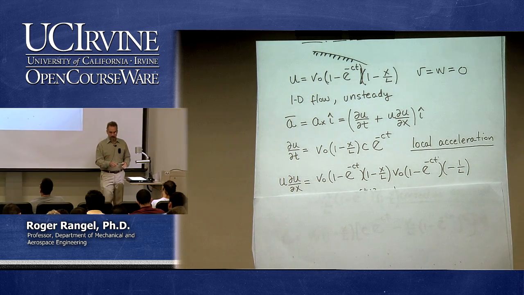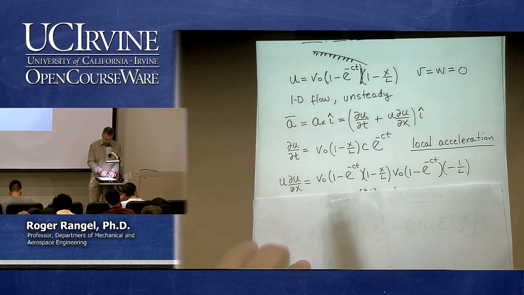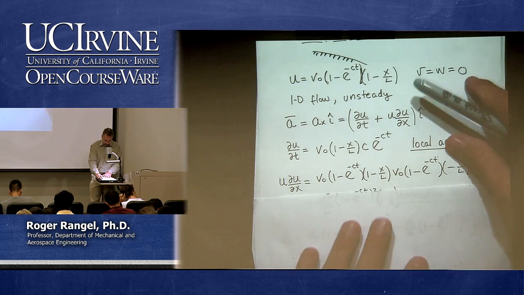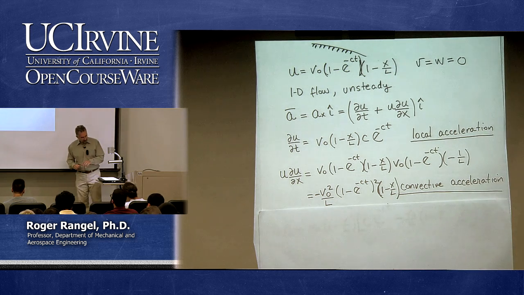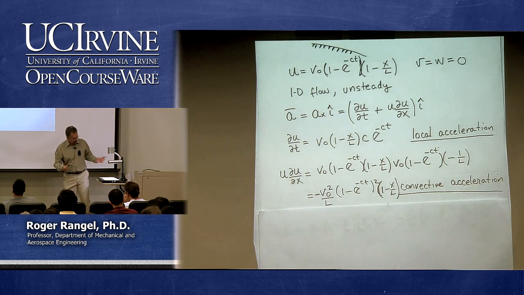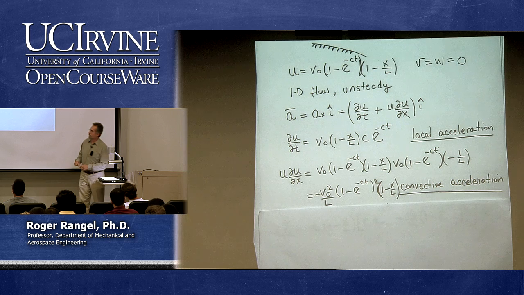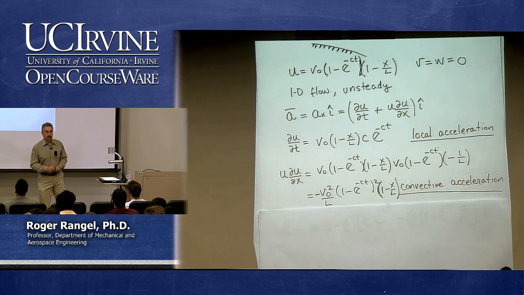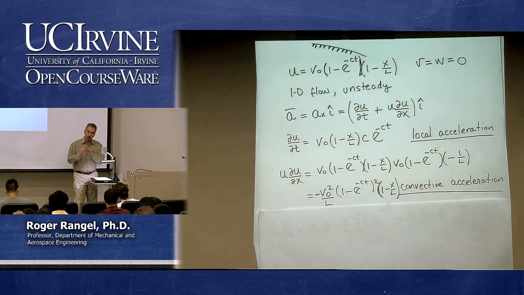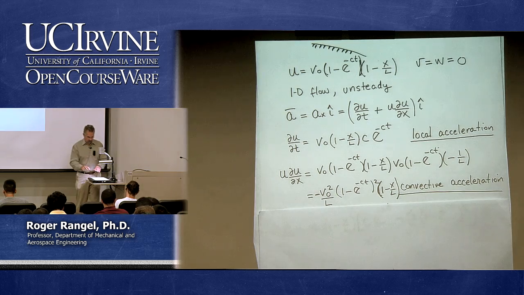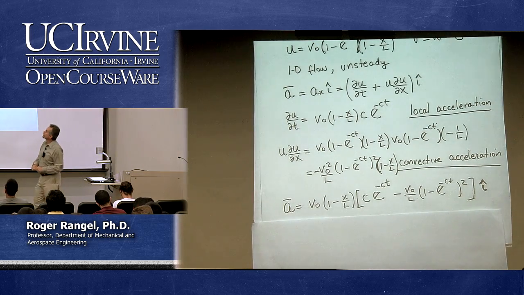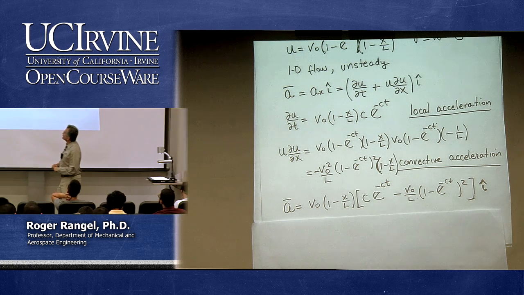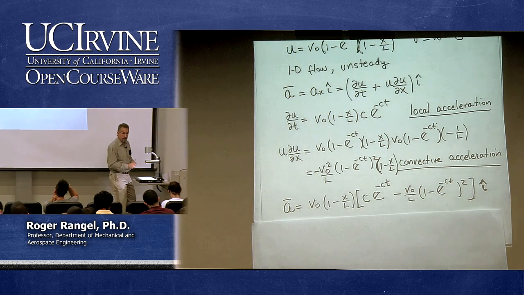Now this is just a substitution of u times du dx. You put it all in there, and you get negative v naught squared over L times that parenthesis times that second parenthesis. That's my convective acceleration. It's all in the i direction. So my total acceleration, when I put it all together, is the one that you see there.